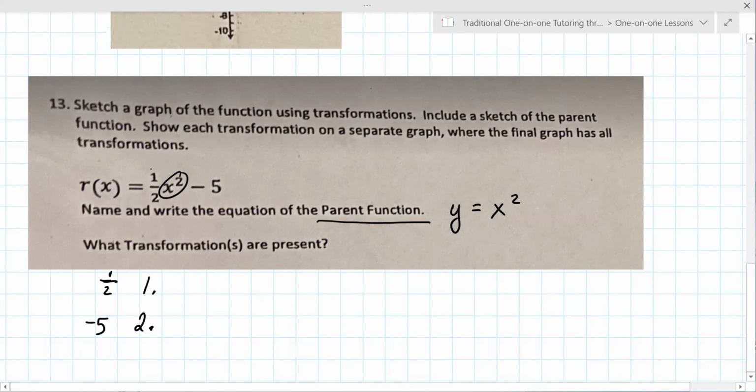Do you remember from last time or from school, what does a number out in front do? This 1/2, do you remember what that does?